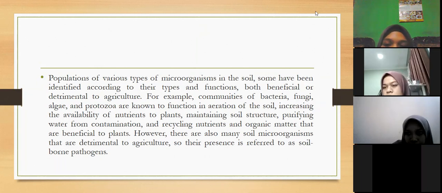For example, communities of bacteria, fungi, algae, and protozoa are known to function in aeration of the soil, increasing the availability of nutrients to plants, maintaining soil structure, purifying water from contamination, and recycling nutrients and organic matter that are beneficial to plants. However, there are also many soil microorganisms that are detrimental to agriculture, which are referred to as soil-borne pathogens.